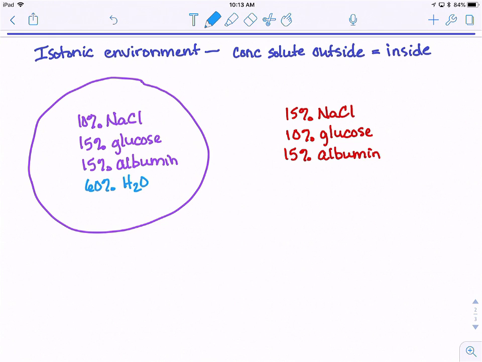Now remember, I said total solute concentration is what's counting because once again, we've got 40% concentration outside, so 60% is water.